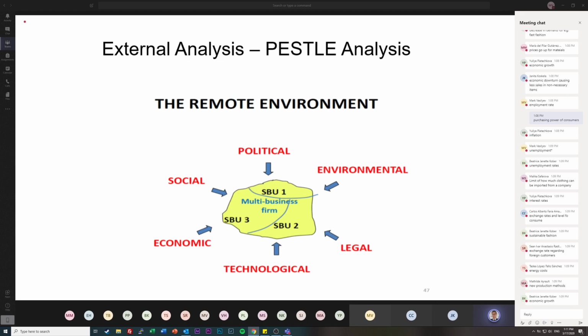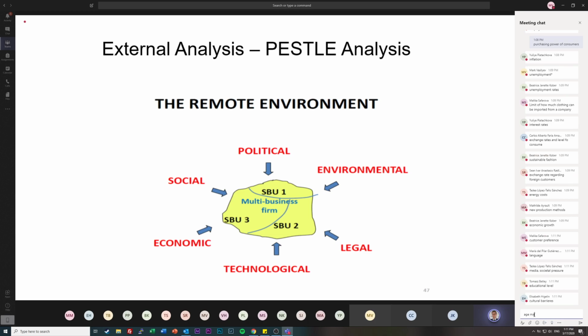What could be the social factors when doing the external analysis of theaters and cinemas? So, the social factors for theater and cinema. Okay, some answers.